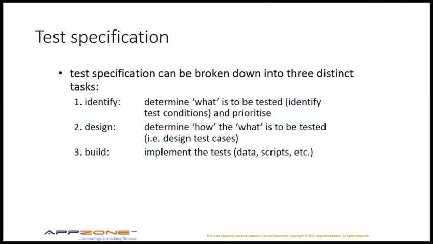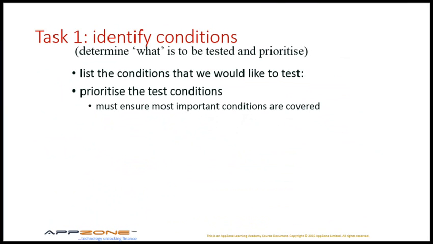Determine how what you have identified earlier is to be tested, that is, you design the test cases. Then you implement the test, the data and the scripts and everything that has been identified earlier.